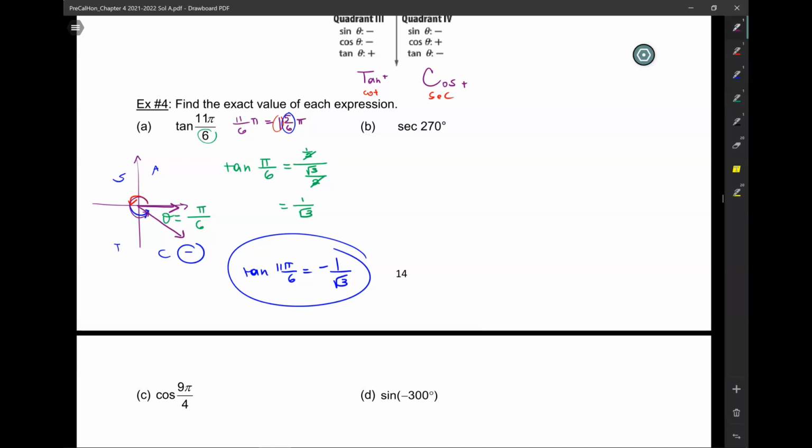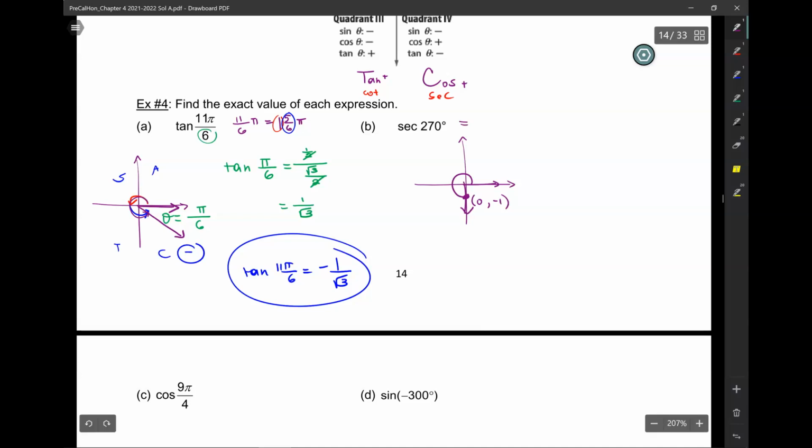Secant of 270. Okay, let's just see where 270 is. Oh, that's on the quadrantal angle. How do I do it if it's a quadrantal angle? It's actually easier. What are the coordinates there? 0, -1.